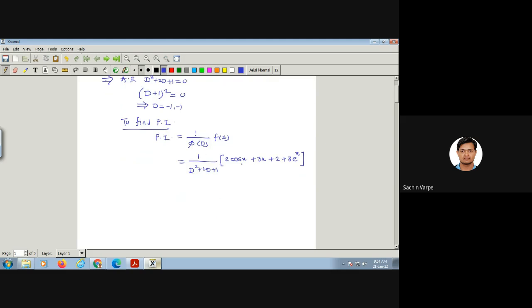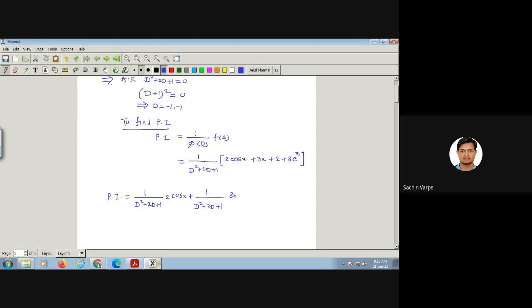Let us split this operator over each of these functions. So PI will be equal to 1 upon D square plus 2D plus 1 operated on 2 cos x, plus 1 upon D square plus 2D plus 1 operated on 3x plus 2.